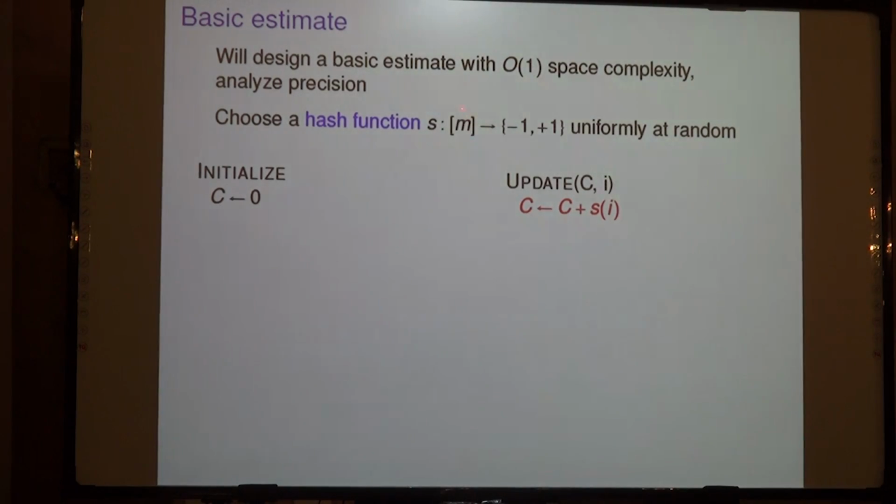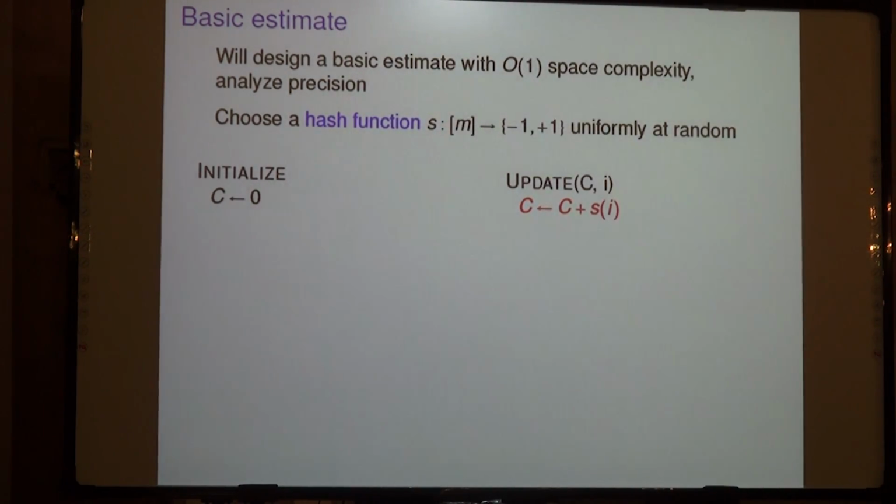This hash function s maps our universe of data items, m, to plus or minus 1. Let's assume that s maps uniformly at random, but 4-wise independence will suffice, or perhaps even 2-wise independence. We'll see.